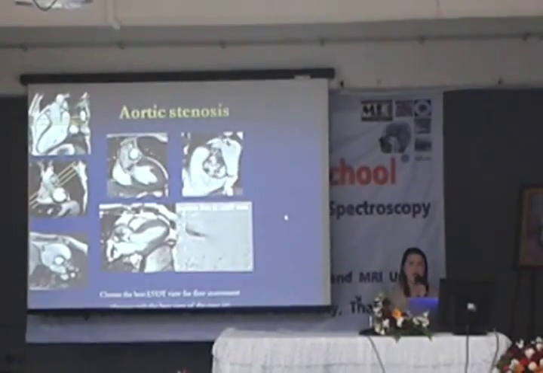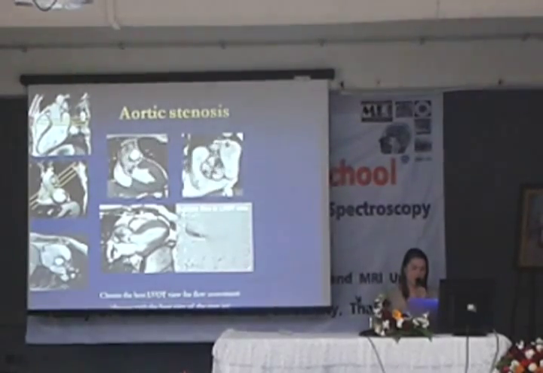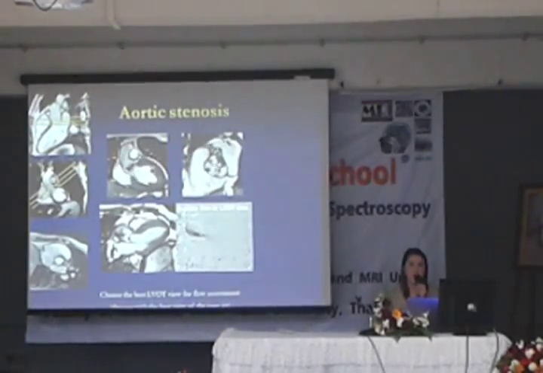The next application for phase contrast is for evaluation of valvular disease, such as this case. This is a normal patient, who has 3 leaflets of the aortic valve, and the aortic valve can open widely like this. And this patient who has aortic stenosis, you can visualize that the aortic valve is irregular and can hardly open.